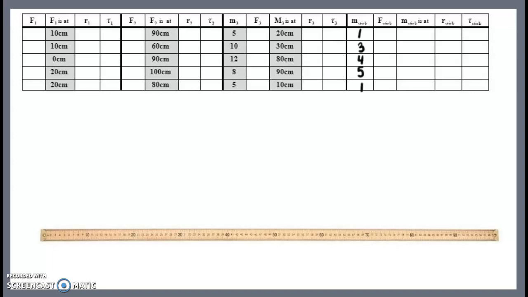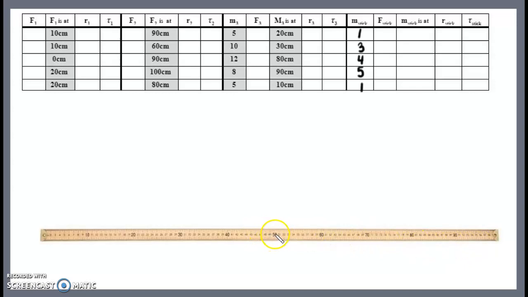Next, we'll go over where it says M stick is at. What this is asking is, where is the mass of the meter stick acting on the meter stick? If you go back to that window washer question we worked on, the mass of a beam or the lever or the object itself is always acting on the center of mass.